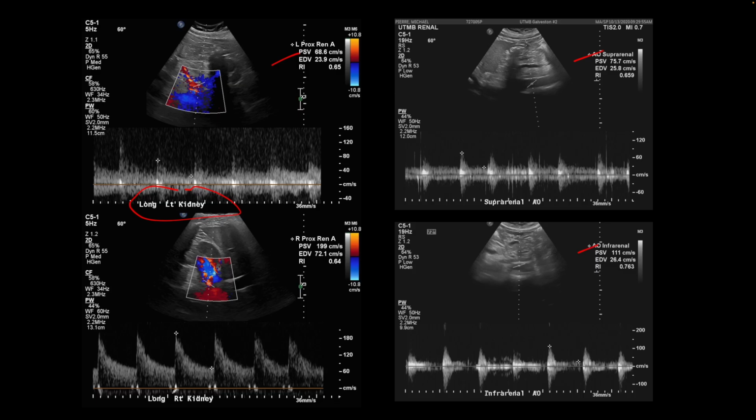But look at the long axis view of the right kidney, where we have measured the peak systolic velocity in the proximal right renal artery. It's very high. And so what you want to do is calculate the ratio of the renal artery velocity to the aortic velocity and report a ratio. So here the ratio is very high, suggesting renal artery stenosis.